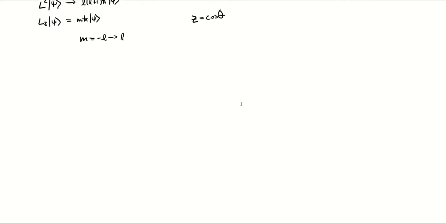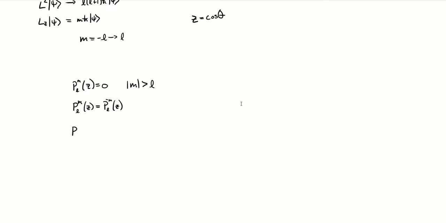Some properties of note of these functions, right? So we've already discussed P_L^m of z is equal to 0 if the absolute value of that m integer is larger than L. That's what limited the values of m. We also noticed that the sign of that m integer does not matter. So we've taken to using m in these equations as being some positive integer and just acknowledging that if we throw in a negative sign, it doesn't change the function.